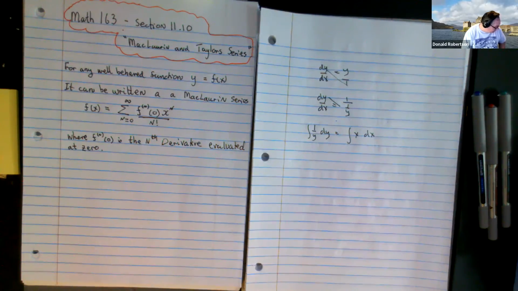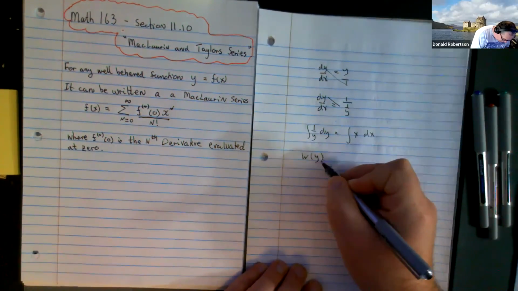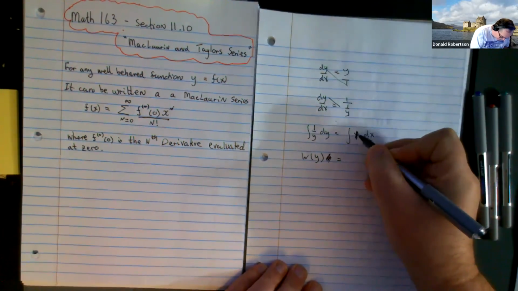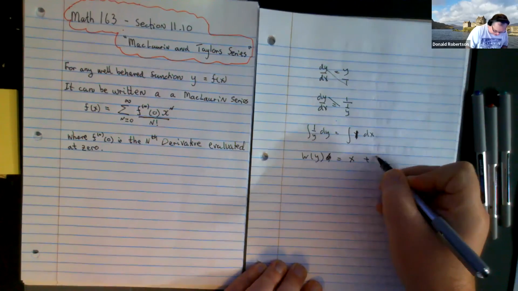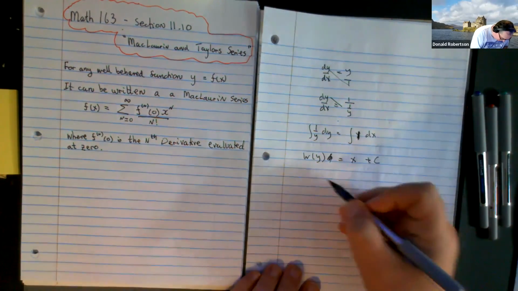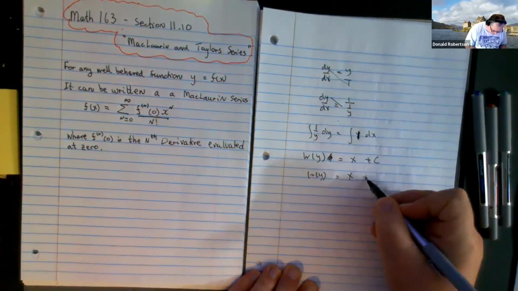So far, so good? Now, the integral of this is the natural log of y. And the integral of this is just 1, which gets you x plus a constant c. So natural log of y is x plus a constant c.